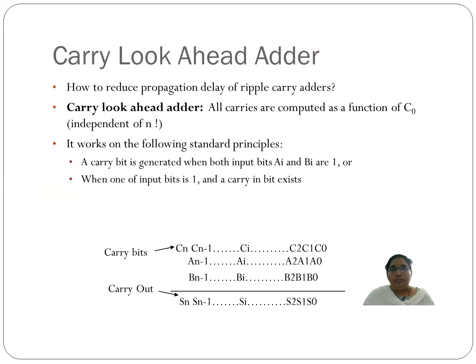At each stage, we will design a pure combinational circuit, not an iterative circuit. So the levels of delay are very few. Only 2 levels of logic gate delay will be there. This technique we will discuss in the next lecture.